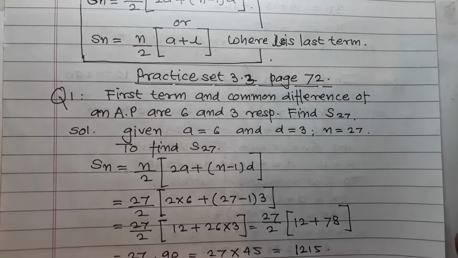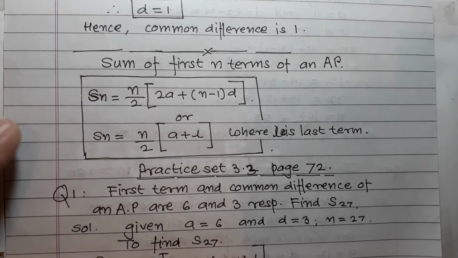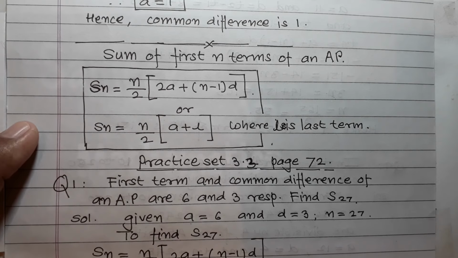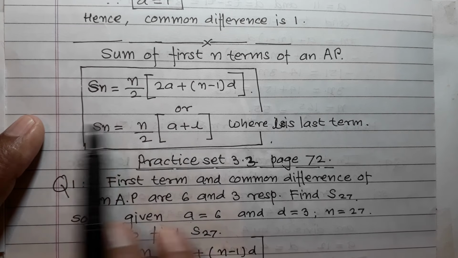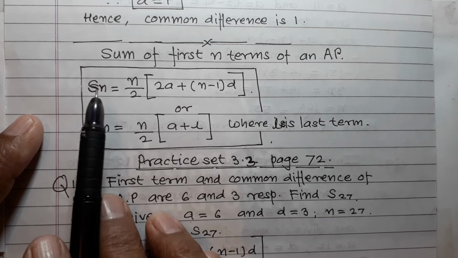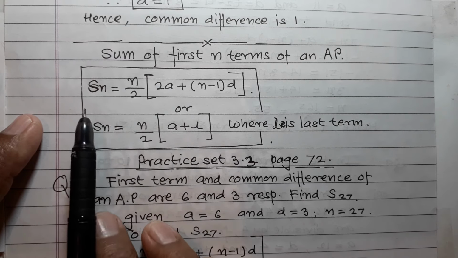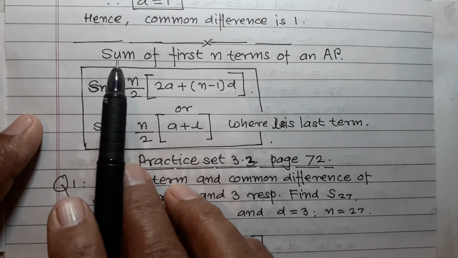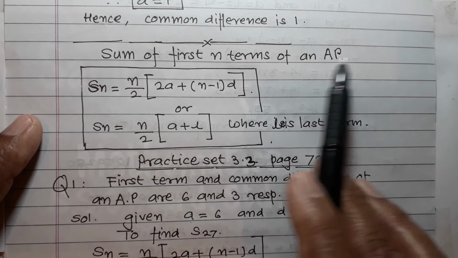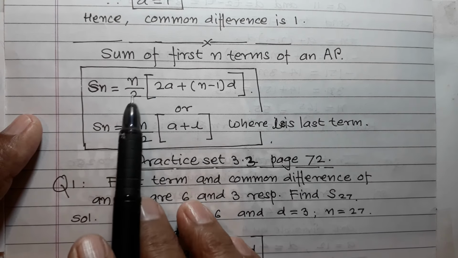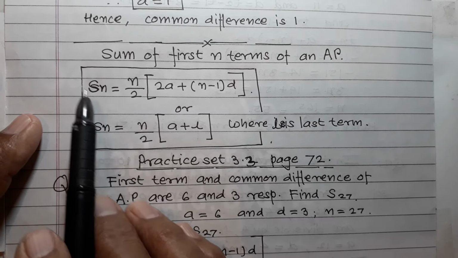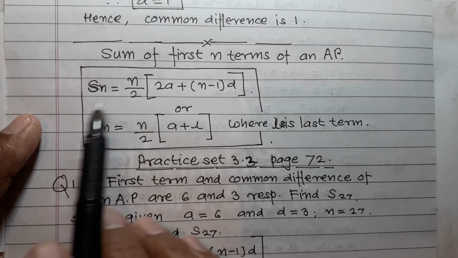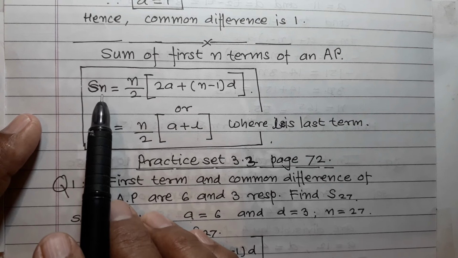Then I will explain some other topic that is very important. So up to this you know what a common difference is. You also know how to find Tn. Now, to find the sum of the first n terms of an AP, there are two formulas. This sum is denoted by Sn. n is the number of terms.